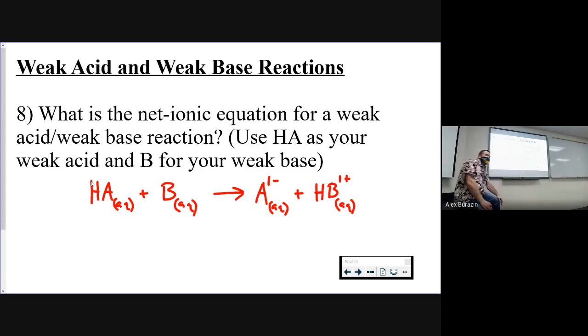Now, we're not going to do math with this. Kind of like I said yesterday, the problem is if I do math with this, then I have multiple competing equilibria at the same time, which would require multiple ICE tables, multiple K values, and then we'd have to make a comparison between our K values.